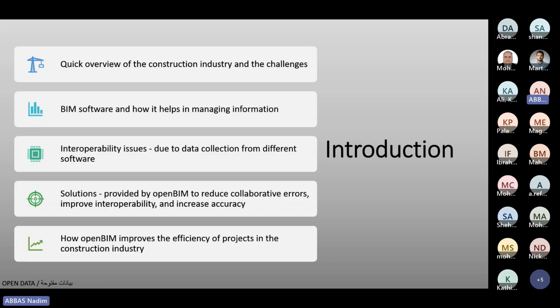BIM software is widely used in design, construction, operation, and maintenance stages, providing great convenience for the construction industry. However, the data collaboration among the different software leads to a series of problems. That is actually something I also went through, and one of them is the interoperability issue.